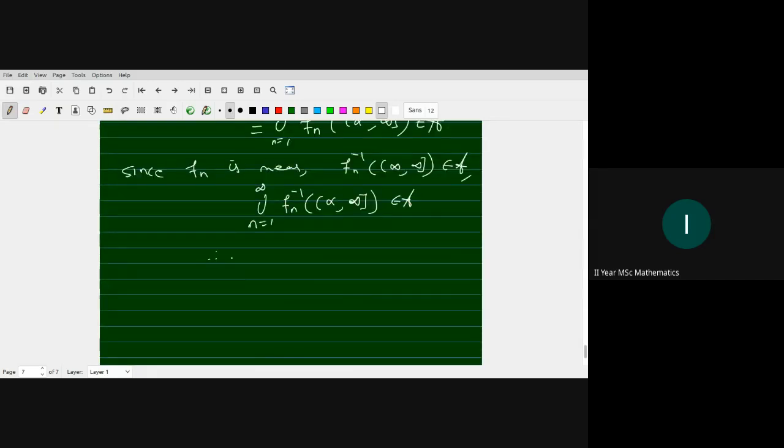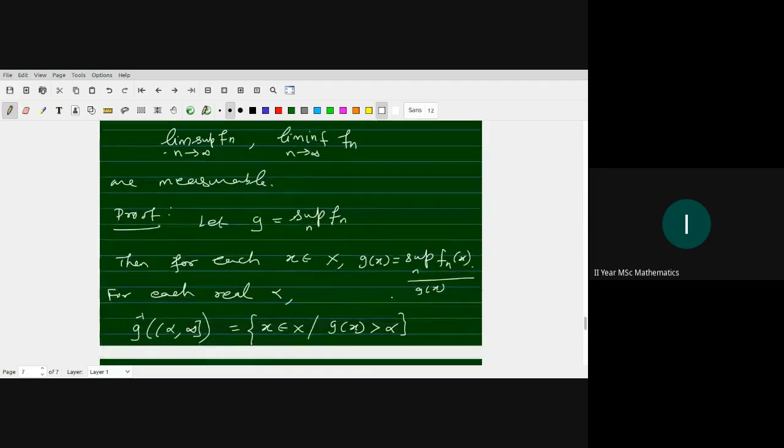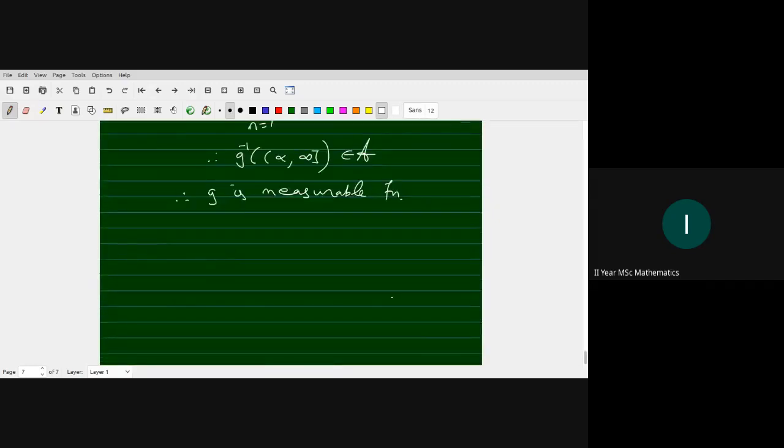Therefore g inverse of (alpha, infinity) is measurable, and therefore g is a measurable function. So if you have a sequence of measurable functions, their supremum is measurable. Similarly, we can prove that h equal to the infimum over n of f_n is a measurable function.